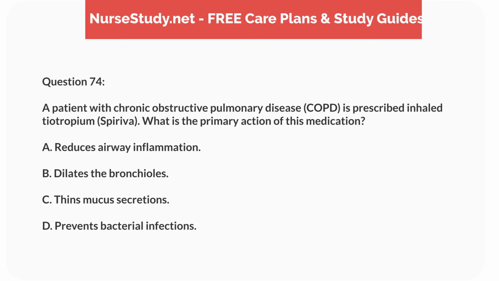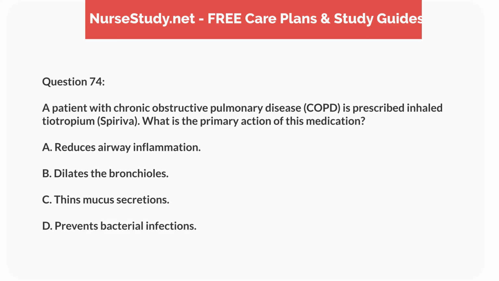Question 74. A patient with chronic obstructive pulmonary disease, COPD, is prescribed inhaled tiotropium, Spiriva. What is the primary action of this medication? A. Reduces airway inflammation. B. Dilates the bronchioles. C. Thins mucus secretions.